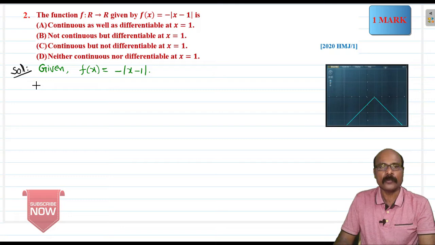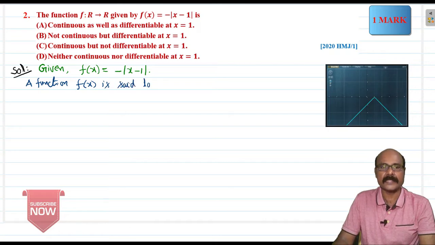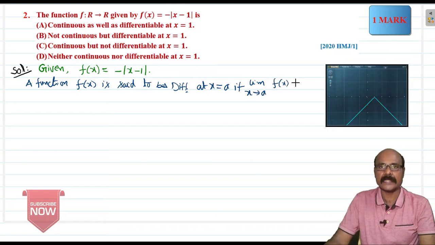Okay. Now we know the definition of differentiability of a function at a particular point. A function f of x is said to be differentiable at x equal to a if limit x tends to a, f of x minus f of a by x minus a exists.